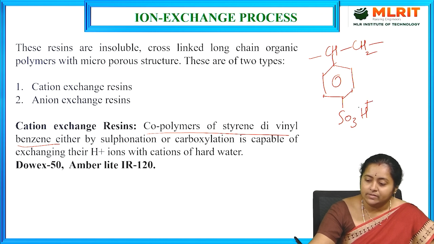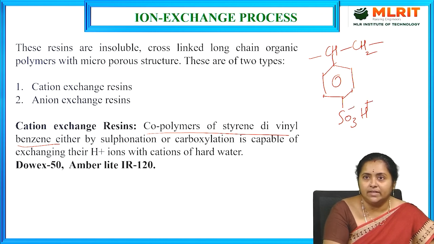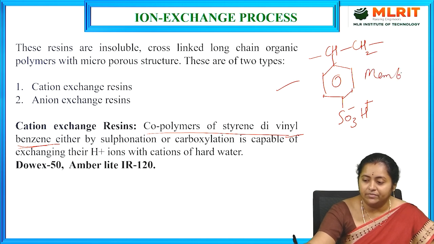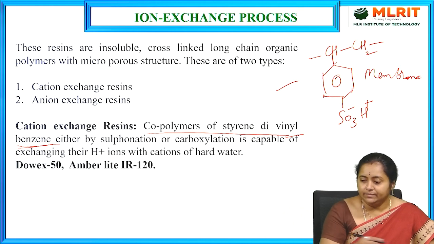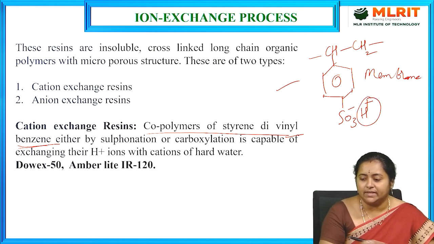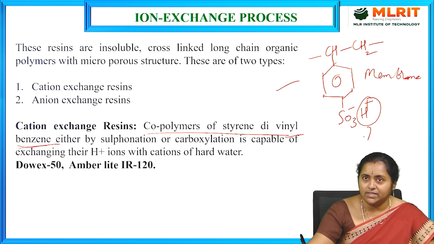In this, SO3 will carry a minus charge and H will carry a positive charge. So this is an example of a cation exchange resin, the copolymer of styrene divinyl benzene subjected to sulfonation. When this is made in the form of a membrane and fixed as a bed in the cation exchanger, this compound has H plus ions in it. So it is capable of exchanging the calcium and magnesium ions present in the hot water.